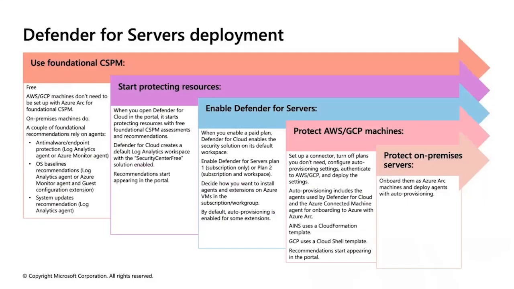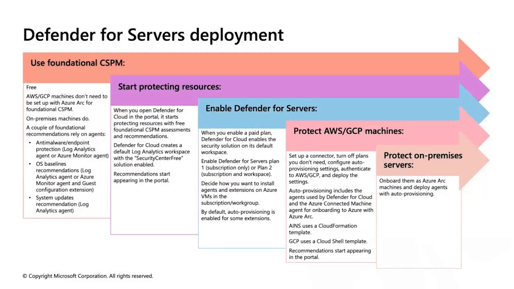And another one is advanced plan 2 with lots of features that comes under $15 per server per month billing. So if you are planning for advanced security, advanced detections, you should plan for Defender for server plan 2.